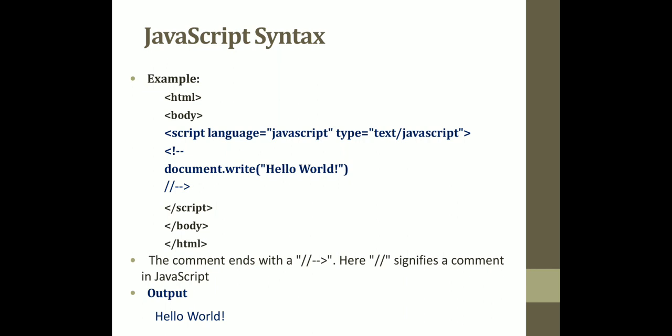So this will be your simplest hello world program using JavaScript in HTML, and the line shown with the double slash is the comment line. After closing the script, body and HTML tags, your script is ready and it will output hello world.